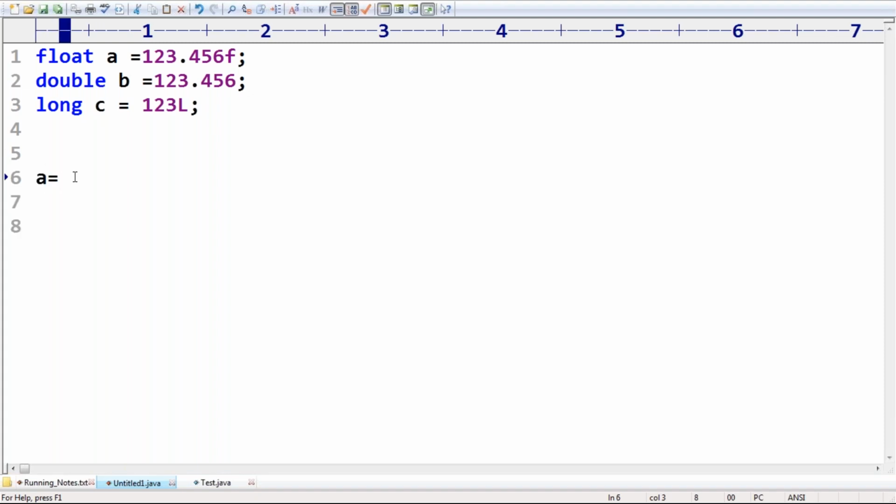An examiner is always going to create confusion, so they won't follow naming conventions. If you follow naming conventions, very easily you can answer.